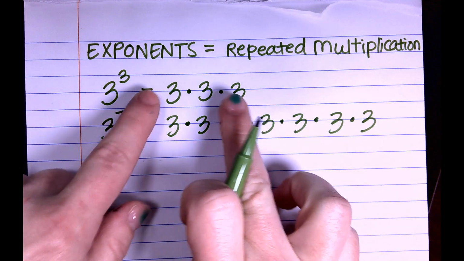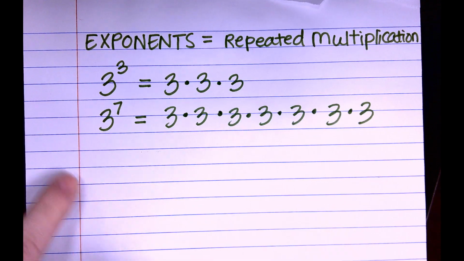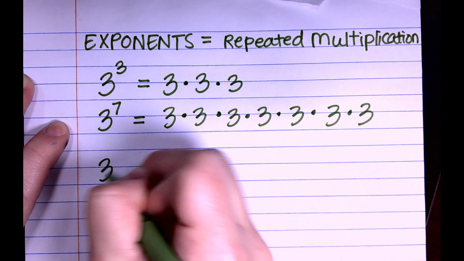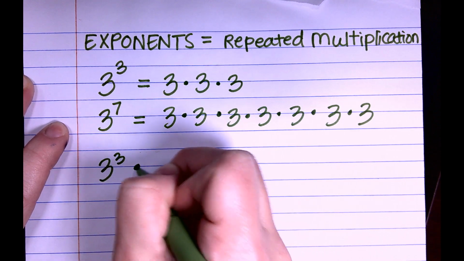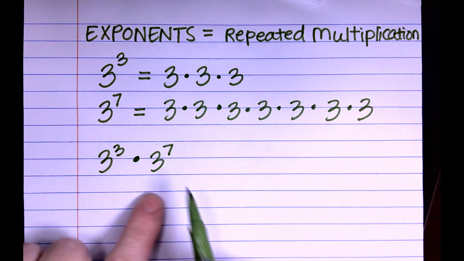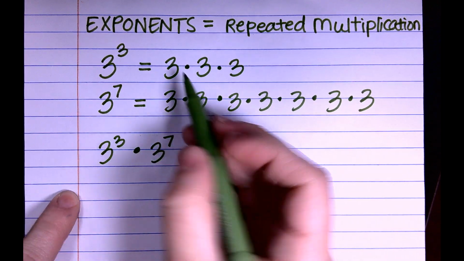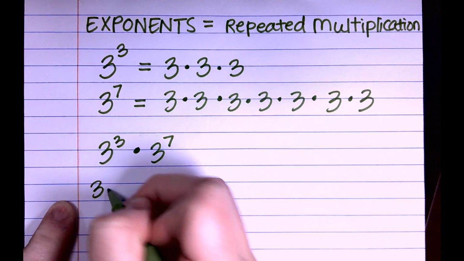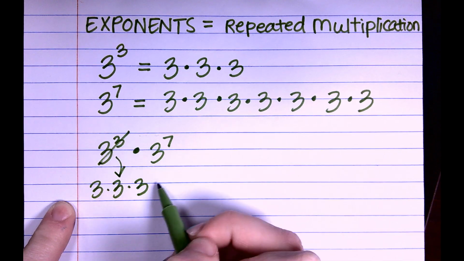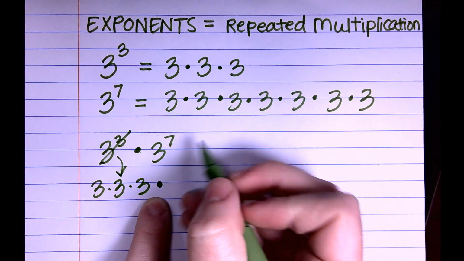If I multiply all of these together, so 3 to the 3rd power times 3 to the 7th power, well, let's write them all out. I have 3 to the 3rd power, which is 3 times 3 times 3. So I'm just replacing that. Times, I bring that down, 3 to the 7th power.